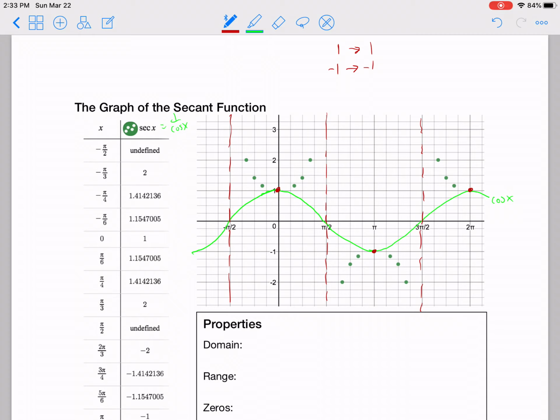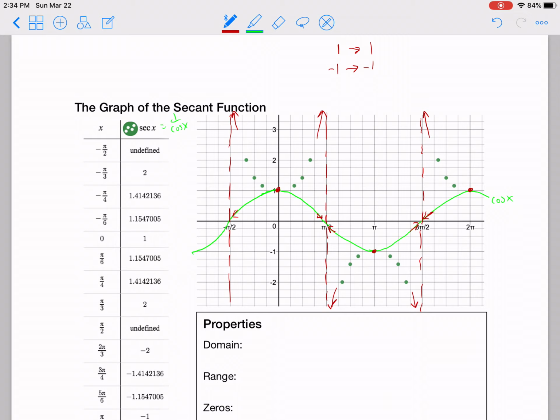And then we look at this and we say, all right, right here, we're getting close to 0. So up here, we need to be getting far from 0. Getting close to 0, get far from 0. Here, we're getting close to 0 on the negative side, so we need to get far from 0 on the negative side. Close to 0 on the positive side, far from 0 on the positive side.